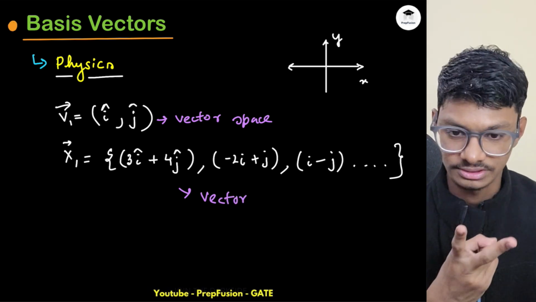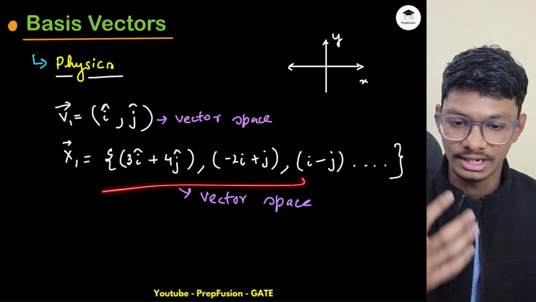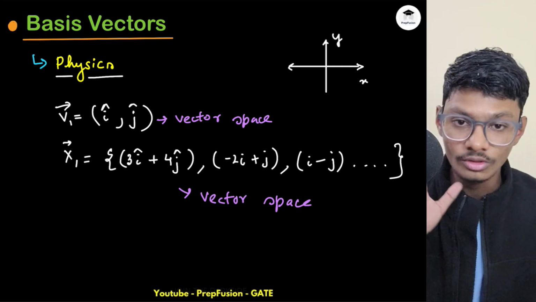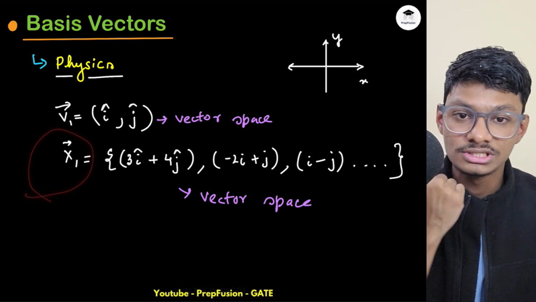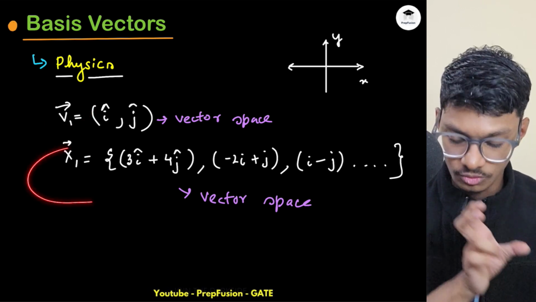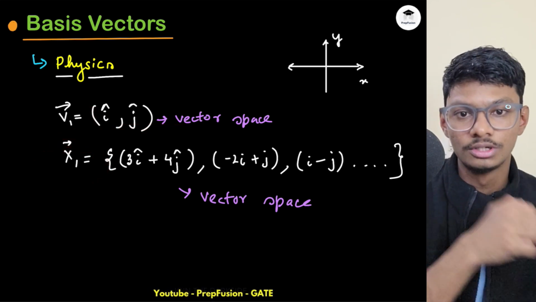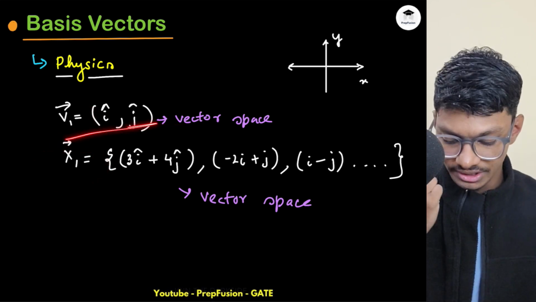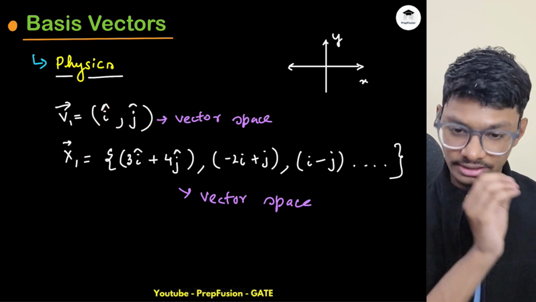Only 2 vectors I have, and here I have all the vectors, like this is R square. So I can say that x1 is spanned by v1. The linear span of v1 is equal to x1, because with all the linear combinations like 3i cap plus j, 2i cap plus 2j, all those linear combinations of these two vectors, I will be able to form my x1 vector space.